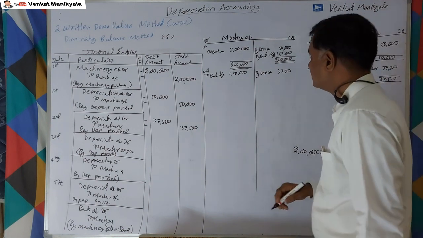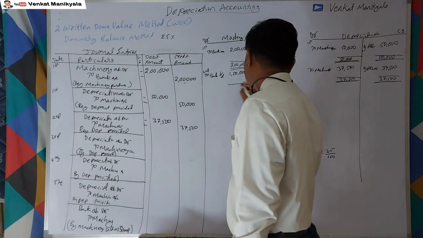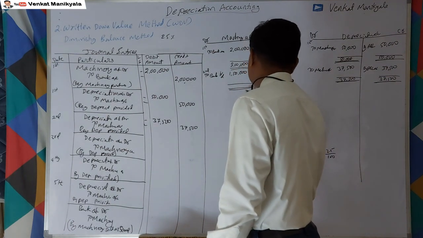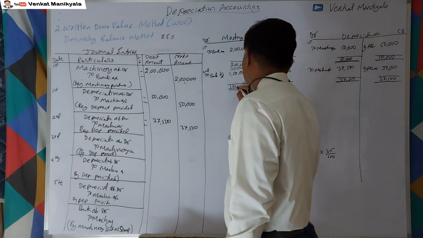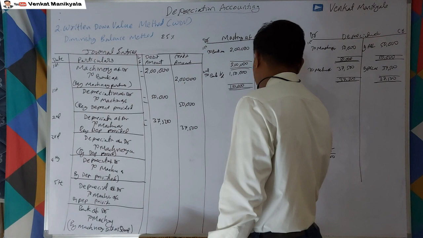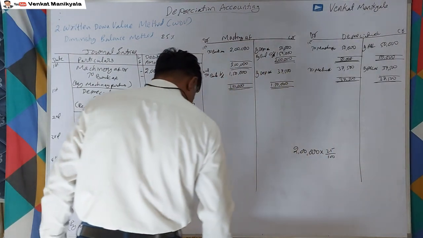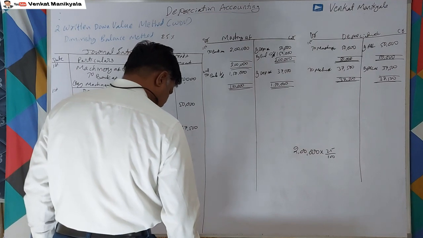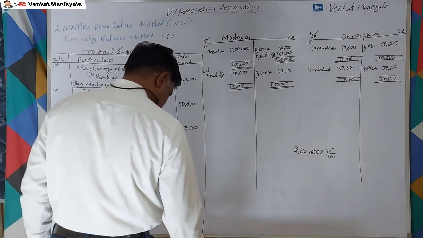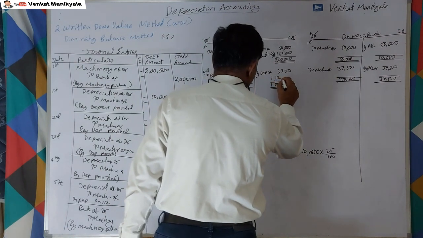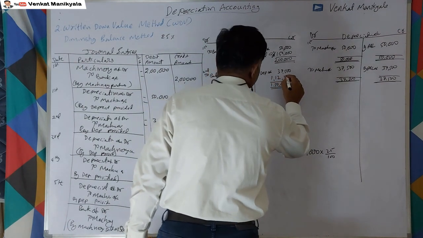As far as the machinery is concerned, we have a balance, and that balance we have to carry forward. 1,50,000 both sides, so 1,50,000 minus 37,500 is 1,12,500, right?